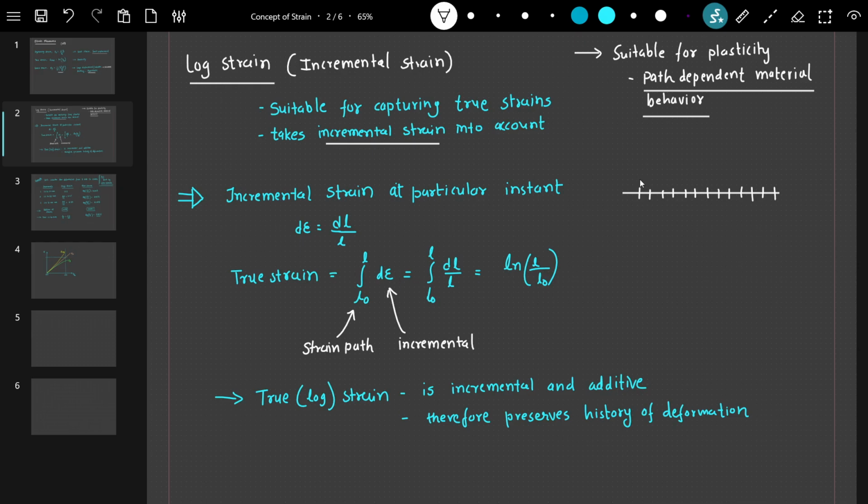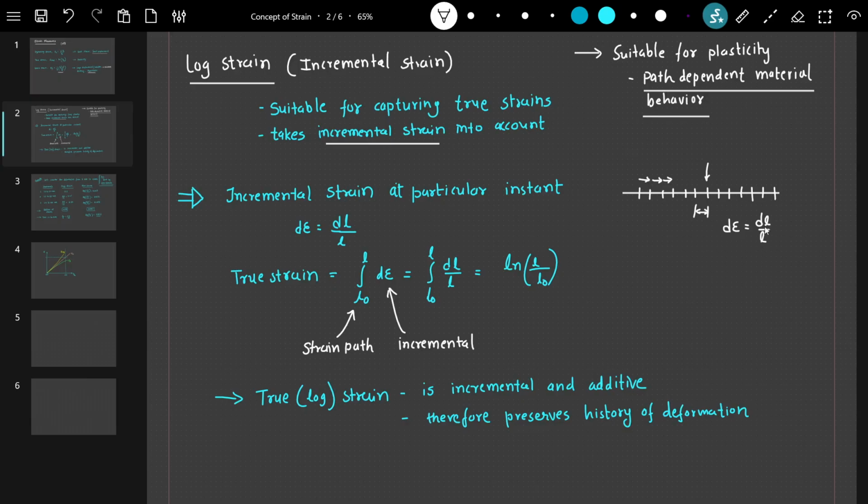Deformation is happening, so we are measuring strain here, here, and incremental strain here. Let's take a particular instant here. This strain, as we know, is a small incremental strain which is equal to dl by l.